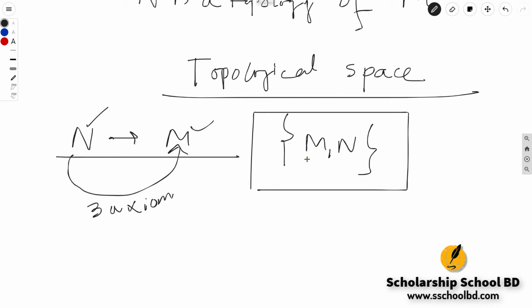It's basically the pair of these two sets, interrelated by these three axioms, and they form a space called a topological space.